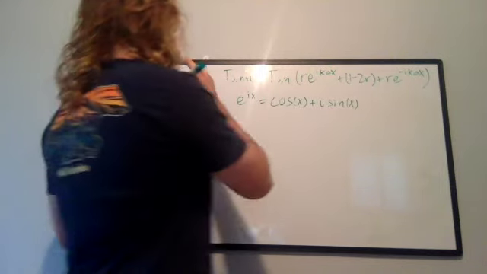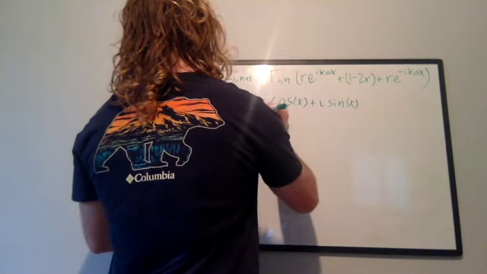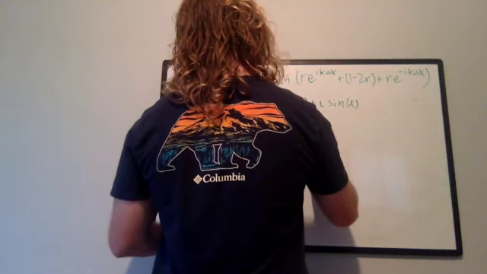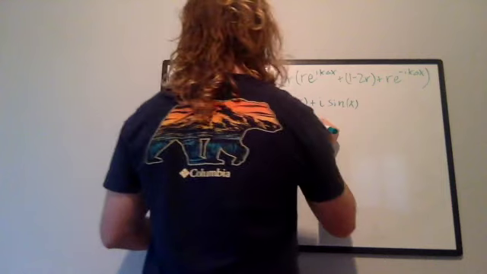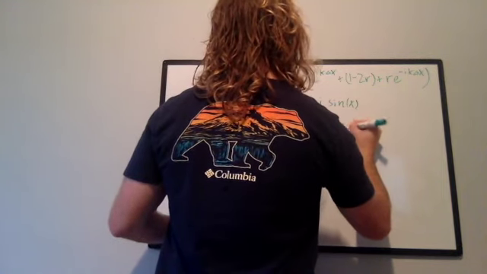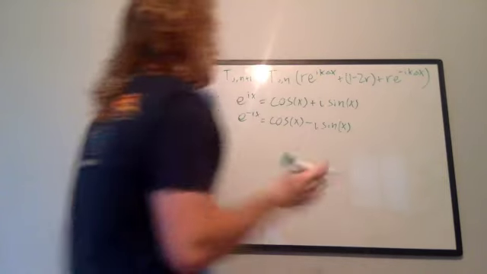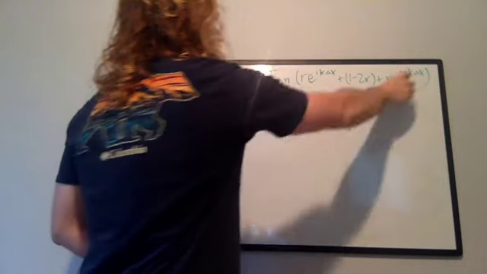And then over here, when you have e to the negative ix, that is also going to be equal to cosine of x, and it's going to be the same, except this time we are subtracting the i multiplied by sine x. And this is going to work out beautifully for us because, as you can see here, we have the same exact expressions here, except one is positive and one is negative.